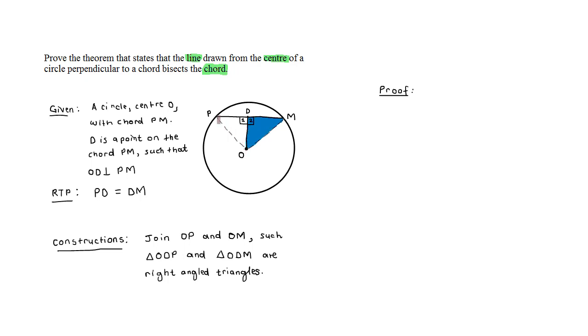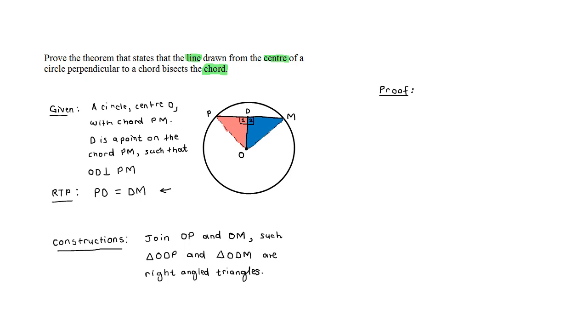Then we also have the other right angle triangle to our left, which contains the angle D1, and we can shade that in red. So now we are ready to write out our proof, especially because we've reminded ourselves what we actually need to focus on in order to get to this result over here.